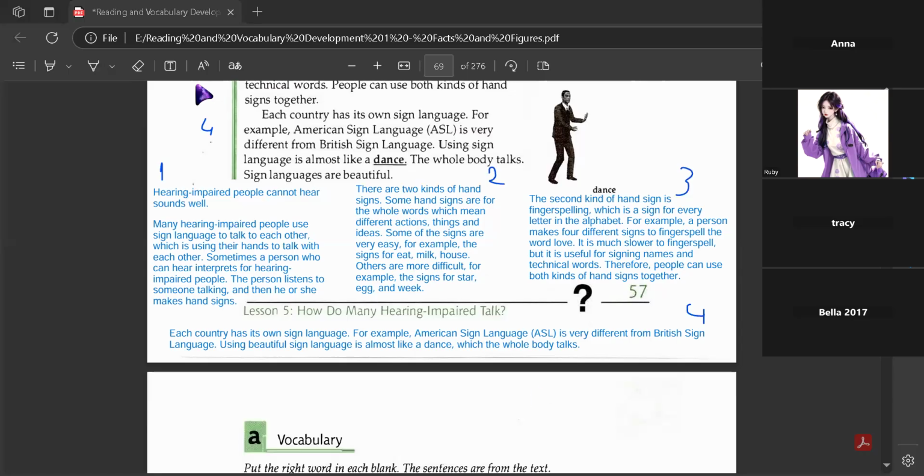Wait, Anna, do you know how to take a picture of it? No? Oh man. Let me try to take a picture of it. Anna, do you know how to enter the chat box of Zoom? Do you see the participants or the share?